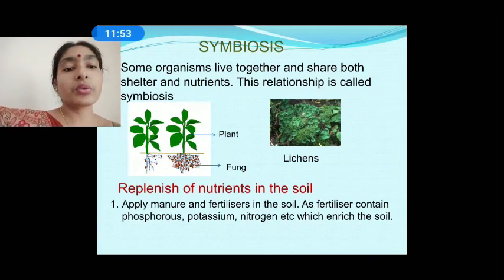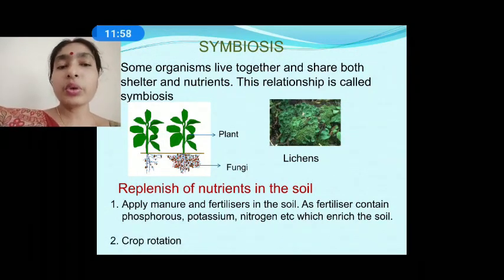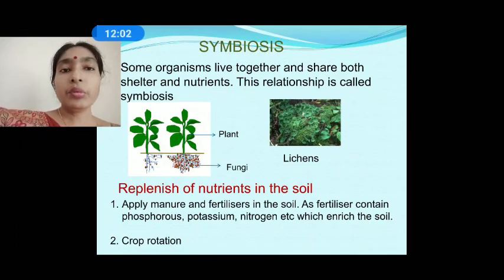Another one is crop rotation. Crop rotation is nothing but growing different types of crops in one field, like rice, after that pulses, after that vegetables.